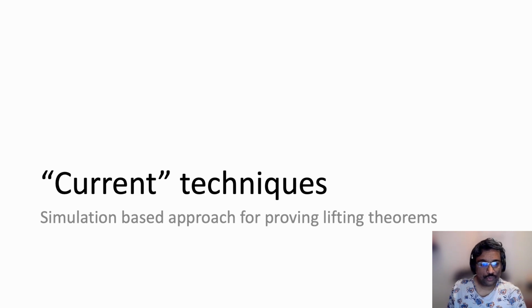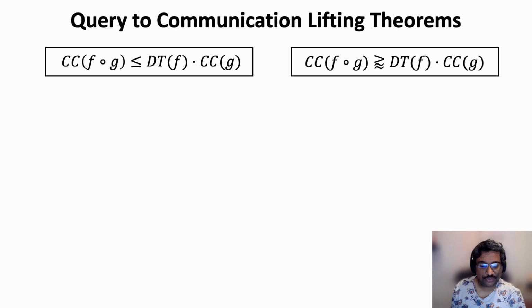So what do we mean by current techniques? We use this to refer to simulation-based approaches for proving lifting theorems. Usually in a simulation-based approach, a query to communication lifting theorem is proved in two steps. The first step is the easy direction, and the second step is the harder direction, known as the simulation theorem.